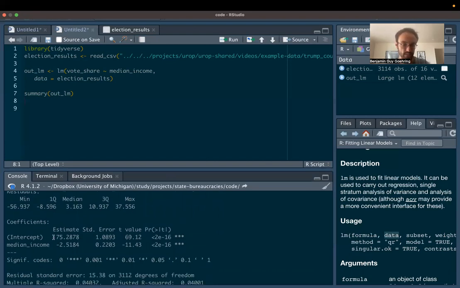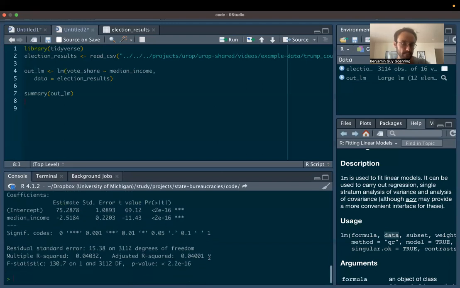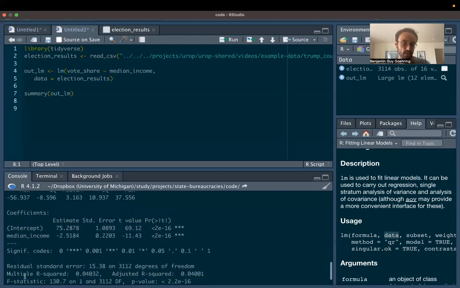Now we still see our estimates, but we're also getting some information about how confident we are in those estimates. Here are our standard errors. Standard errors are a measure of the dispersion of our estimate, and they're a necessary thing for calculating confidence intervals as well as p-values, which I talked about in the last set of slides. We also see our R-squared, adjusted R-squared, all that.